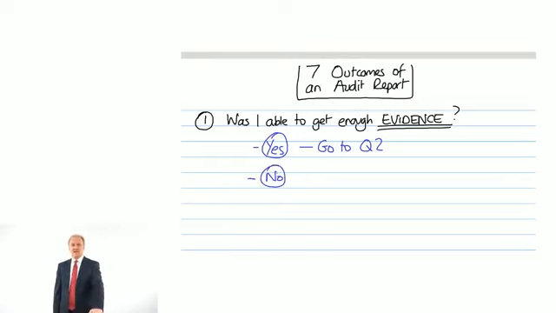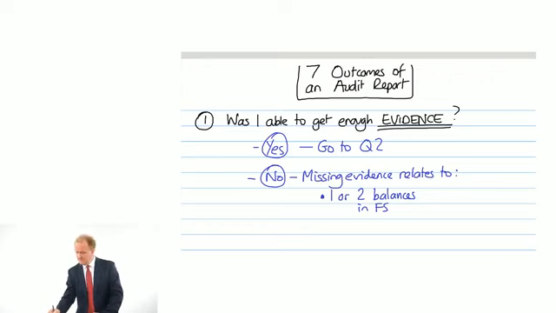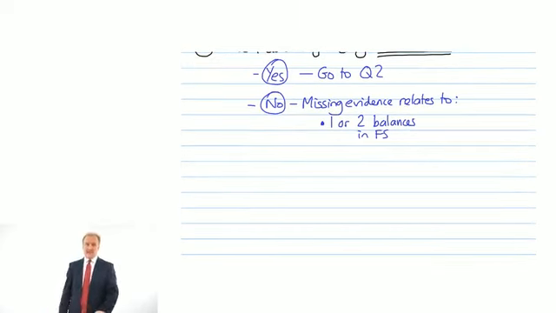Well, if I haven't got enough evidence, that is going to have an impact on whether I can give an opinion or not. And it all depends on whether the missing evidence relates to a small number of balances in the financial statements or lots of balances.